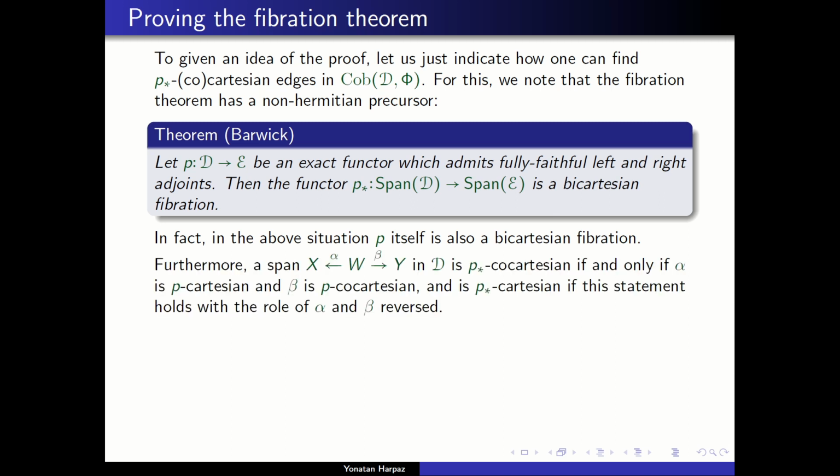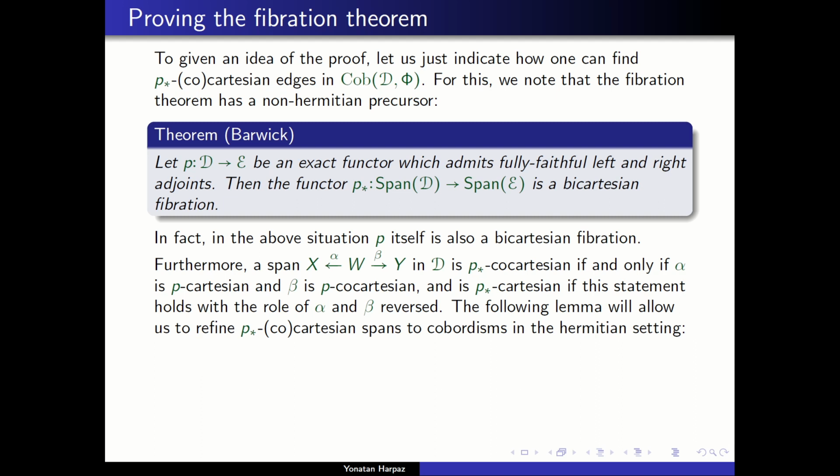In addition, the co-Cartesian edges in the span infinity category can be characterized in terms of the Cartesian and co-Cartesian edges in D in the following manner. A span in D is P star co-Cartesian if and only if alpha is P Cartesian and beta is P co-Cartesian. Dually, such a span will be Cartesian if now alpha is co-Cartesian and beta is Cartesian.